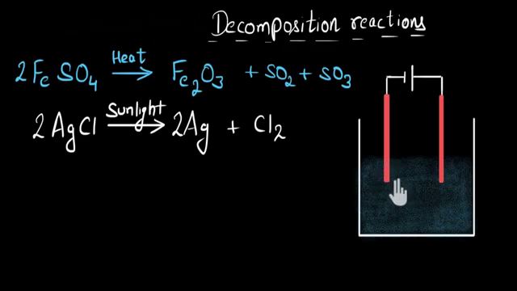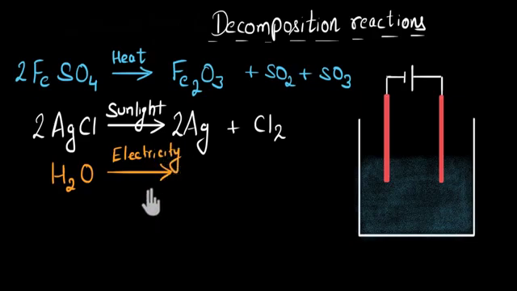So what's happening here? Actually here, the electrical energy is breaking down the water and hydrogen and oxygen gases are being evolved. Let's write down their chemical reaction. So here we will see that H2O, water, is decomposing with the help of electrical energy, electricity, and it's decomposing into H2 gas and oxygen gas.